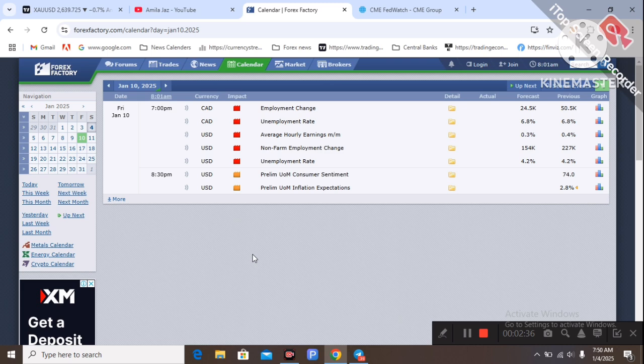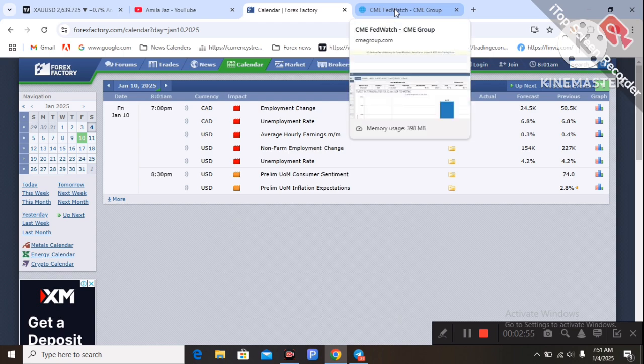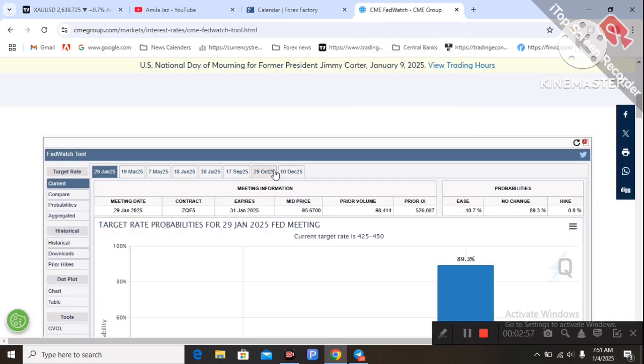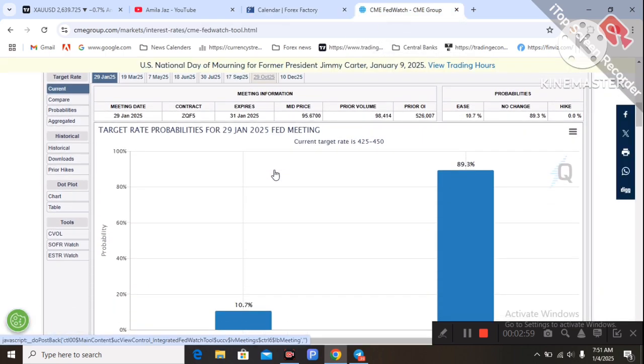The unemployment rate is 4.2%, and the forecast figure is also 4.2%, and average hourly earnings are expected to drop from 0.4% to 0.3%. If the labor market data is not positive, that will help gold push to the upside. If it's positive labor market data, that's dollar demand, and gold can drop to the downside.